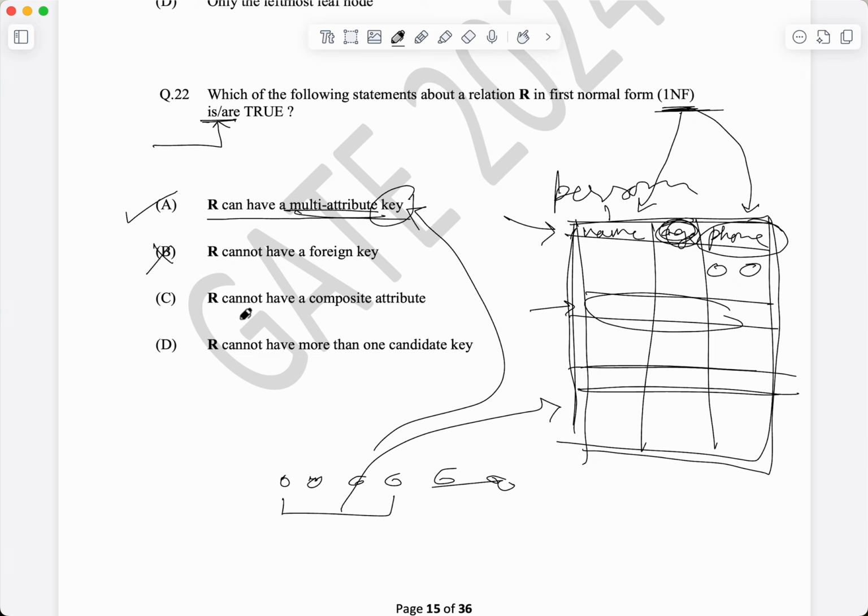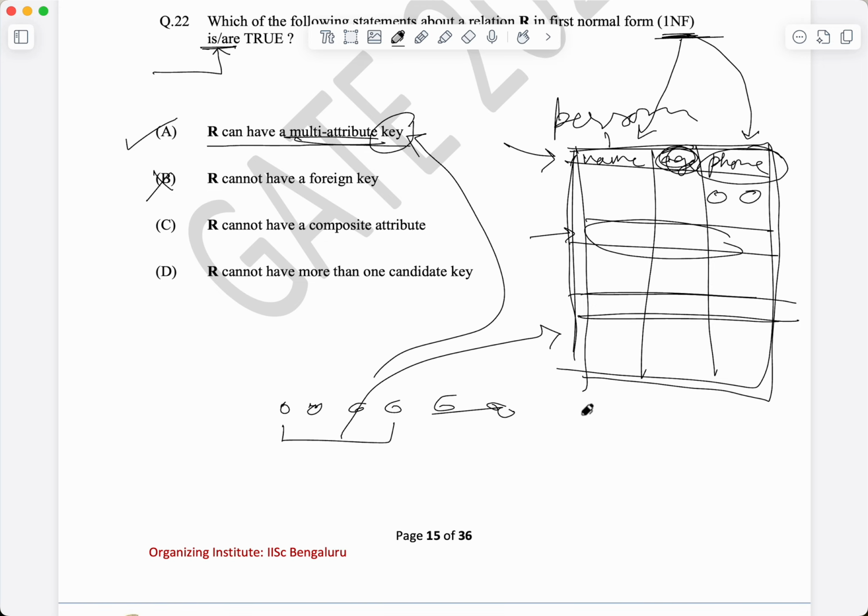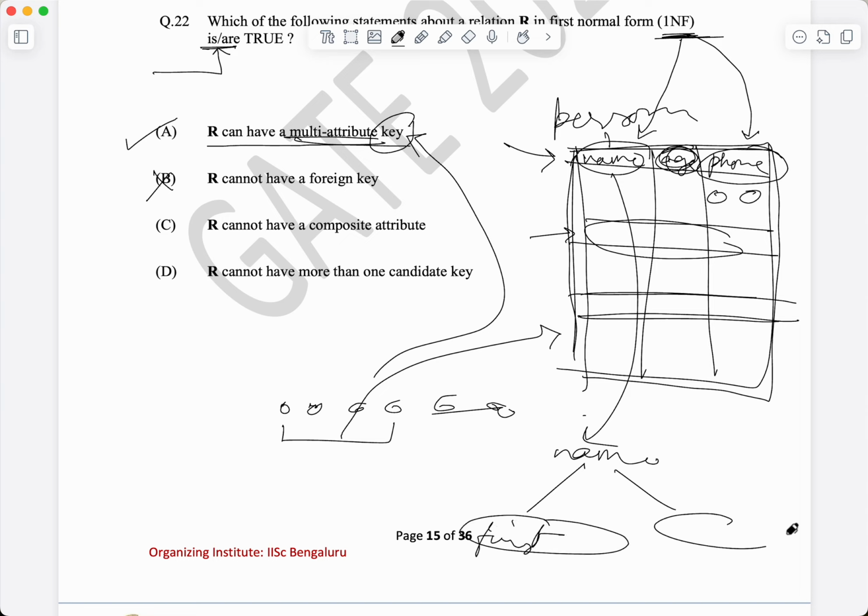Third statement, R cannot have a composite attribute, right? Composite attribute means what? An attribute which can have multiple values. Oh, okay, composite basically means a slightly different thing. Suppose, for example, there is this name. Let's take this name here. Now this name can have two values: first is your first name and second is your second name, right?